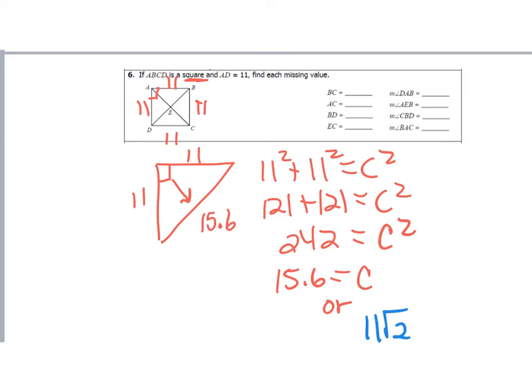If you have your calculator and you use it right now, c is also equal to 11 times the square root of 2. And there's a pattern there. You see the sides of a square, 11, 11. So then the hypotenuse is 11 square roots of 2. So we can use that information to fill in everything. Problem number 6. When you're done, show it to your teacher.